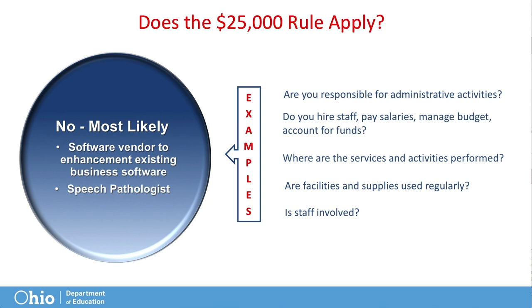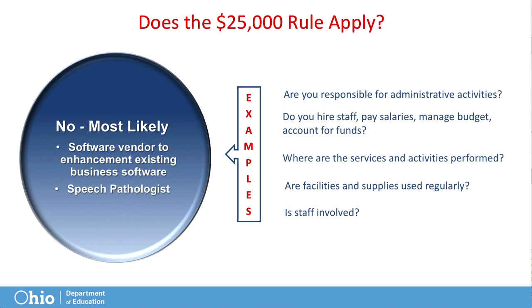Or how about, where are the services and activities performed? At your location? Are supplies, equipment, accounting services, or similar activities used on a regular basis? Are managers and administrative staff routinely involved in the subcontractor's day-to-day activities?